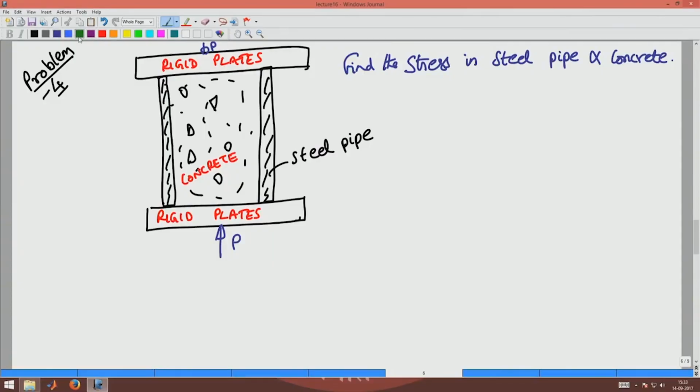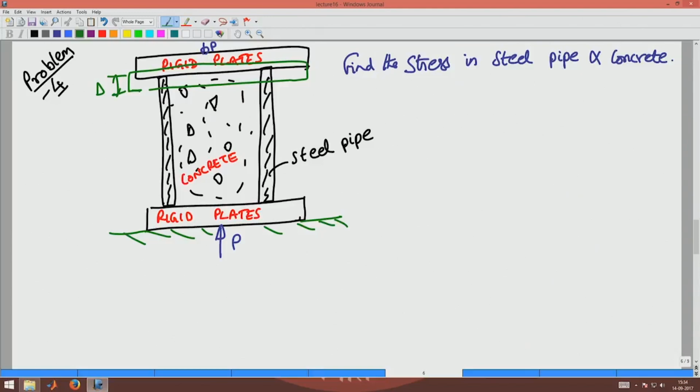The plate can move down like this. This rigid plate can move down by an amount delta say, and I am assuming that this is fixed on the ground, so this does not move. I am assuming the top plate alone moves down by an amount delta.